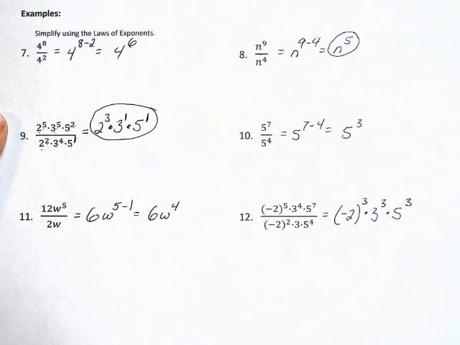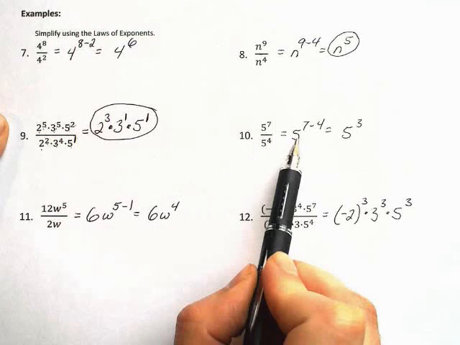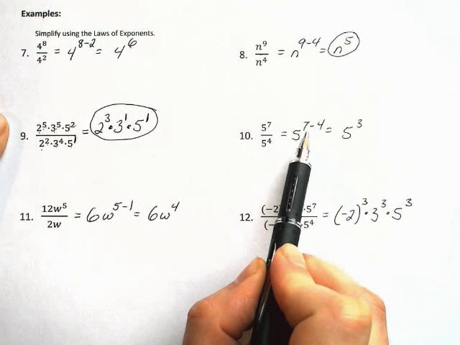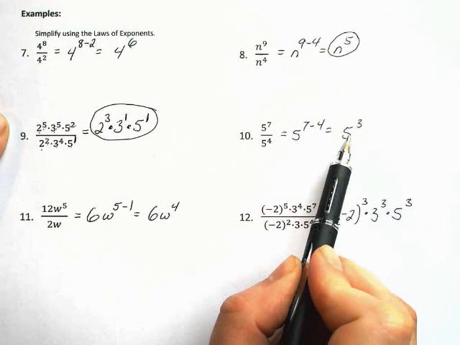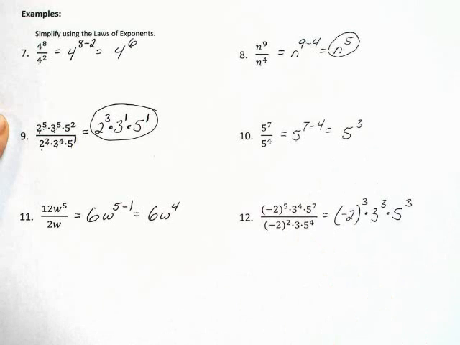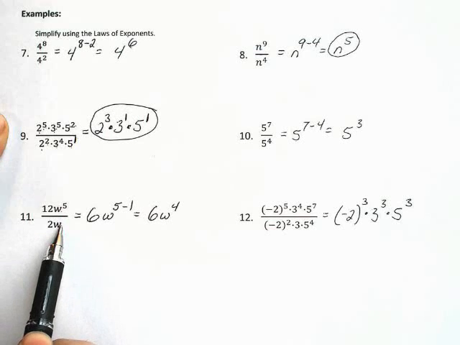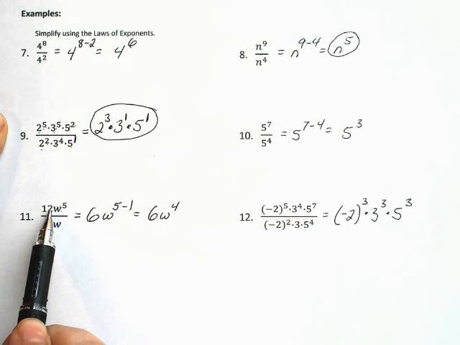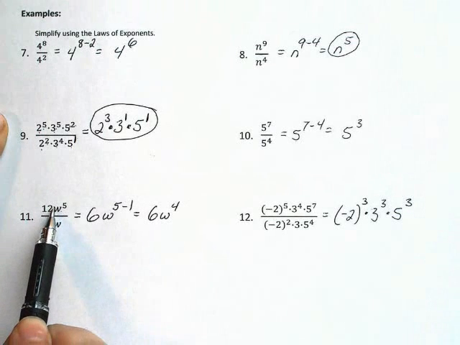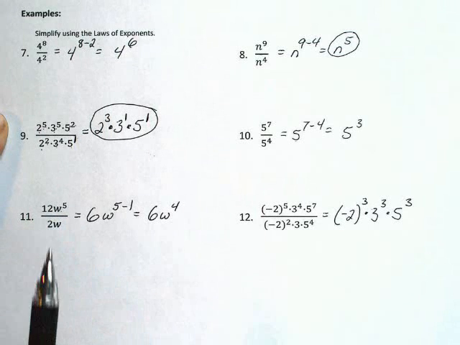So here are answers to 10, 11, and 12. In number 10, I wrote the base, 5, and subtracted the exponents, getting the answer 5 to the 3rd power. In problem 11, there are powers, but there are also those numbers called coefficients, which are numbers multiplied directly in front of variables.